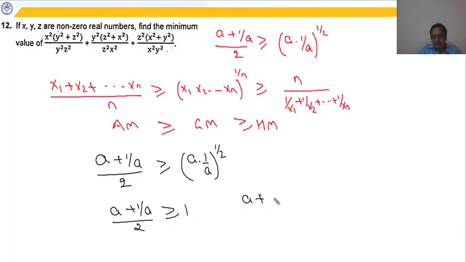So we'll remember this: any number plus its reciprocal, if it is a positive number, is either equal to 2 or greater than 2. Take an example: 1 plus 1 upon 1 is 2. 2 plus 1 upon 2 is 2.5. 3 plus 1 upon 3 is 3.33 and so on. If you take any positive number, you can take fractional also, either the value is 2 when the number is 1, otherwise it's greater than 2.